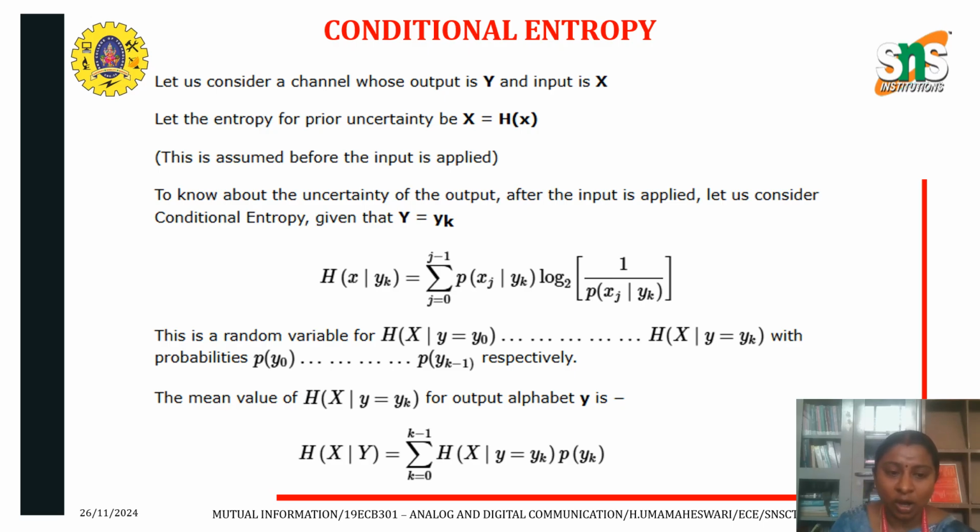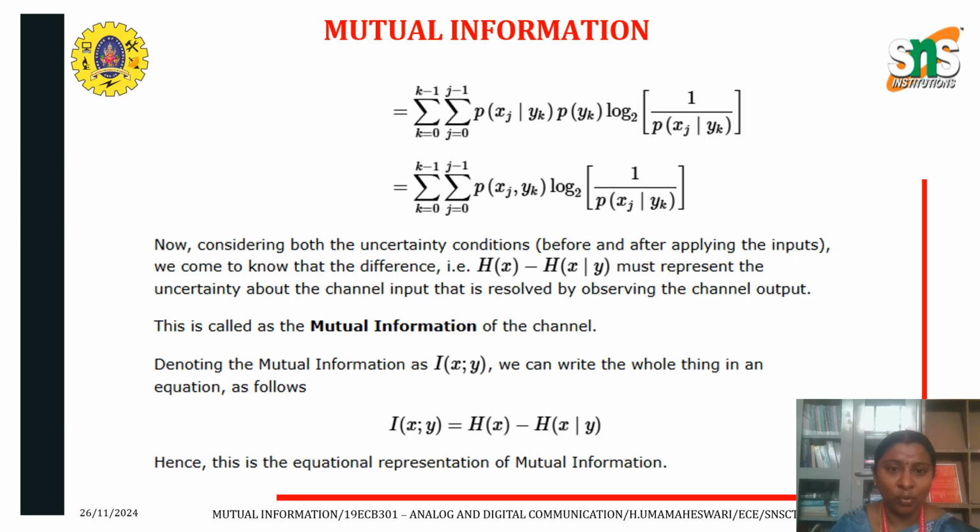The mean value of H(X|y_k) over the output alphabet Y is H(X|Y), which is equal to the summation of H(X|y_k) times P(y_k). The final derivation is the summation of P(x_j, y_k) log of 1 by P(x_j|y_k).